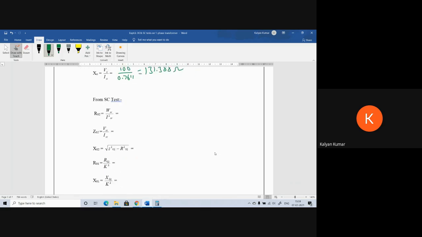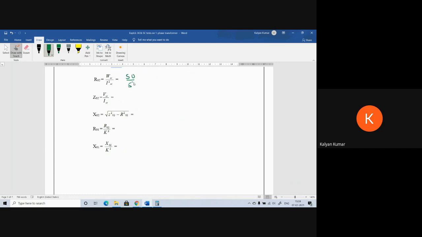Now from the SC test, R02 is WSC by ISC square. WSC we got as 50, ISC is 5, so 5 square. 50 by 25 is 2 ohms. As we have conducted the SC test on the secondary side, RSC and ZSC represent R02 and Z02. VSC is 12, ISC is 5, so 12 by 5 is 2.4 ohms.